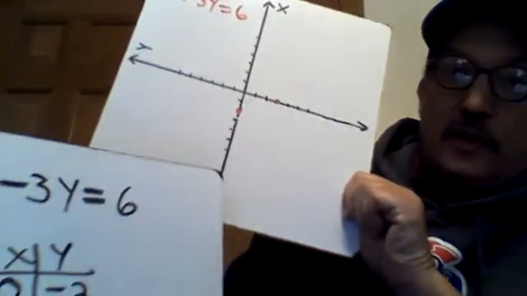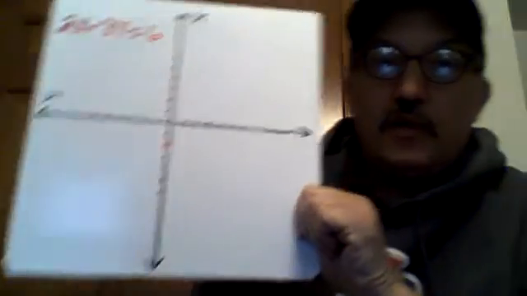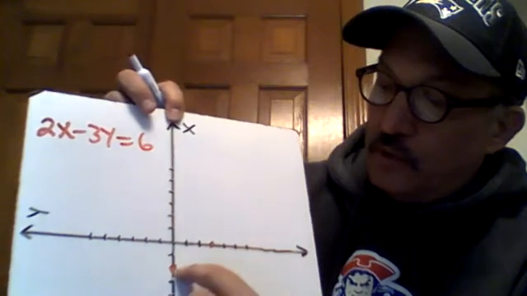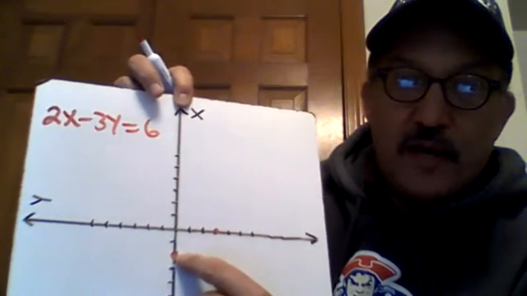Let me put that equation on this board, 2x minus 3y equals 6. The first point that we came up with was we let x equal 0, we got negative 2. That's here. That's the point 0, negative 2.